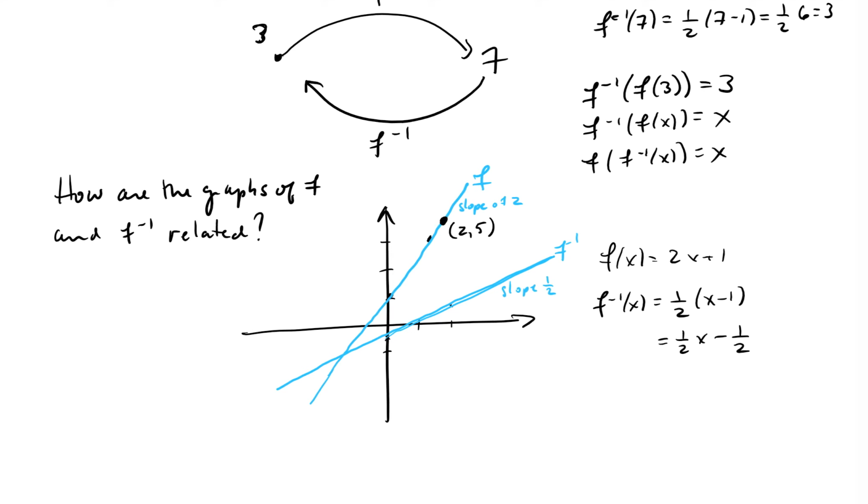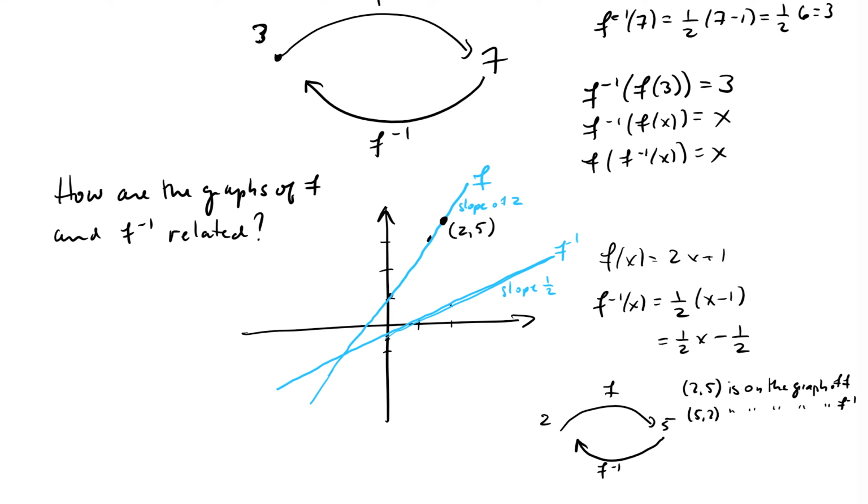Right, 2 gets sent onto 5 through f. Well, if I take the 5 and apply it to f inverse, I'm going to go back to where I started, right? So if (2, 5) is on the graph of f, while (5, 2), so you flip around the coordinates, is on the graph of f inverse.